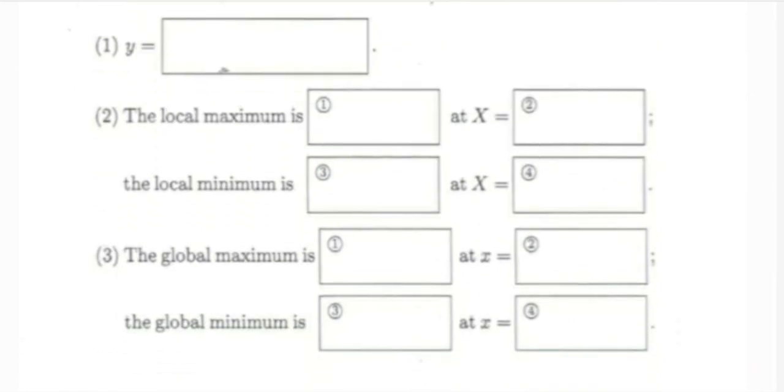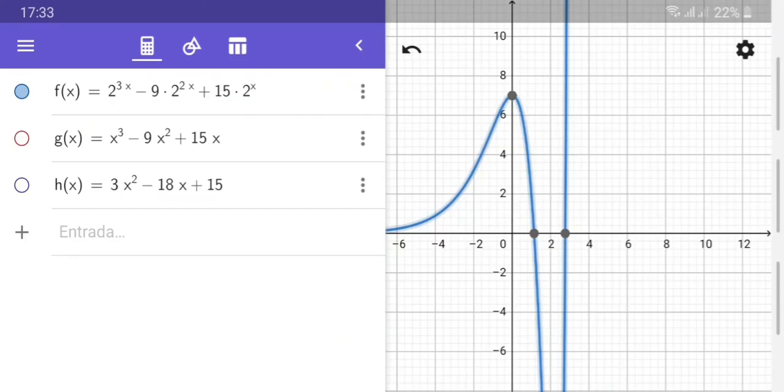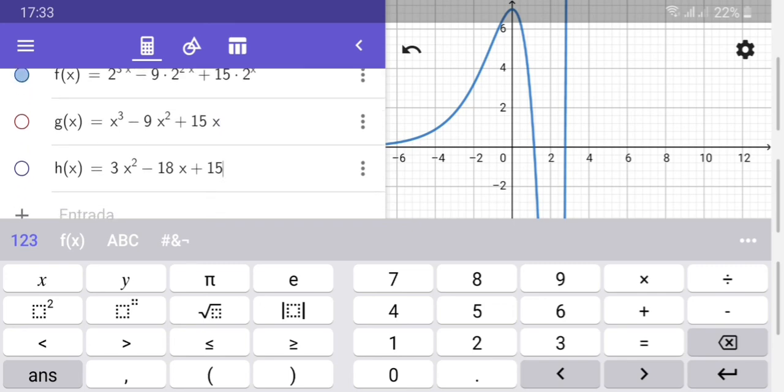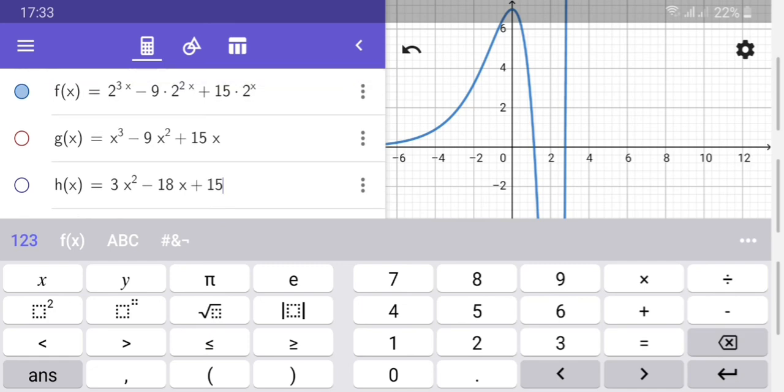I'm going to show the graphs now. So here we have f of x, which was the first equation that he gave us. I put the name of g of x for the second one when we substitute big X is equal to 2 to the 2x. And h of x is the derivative of g of x. So let's now just focus on f of x.